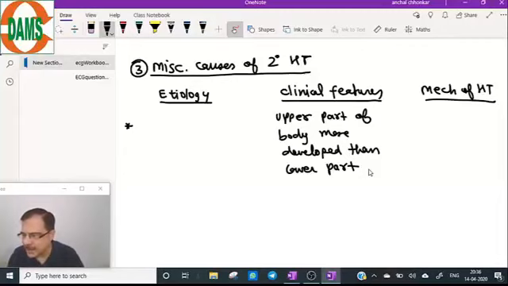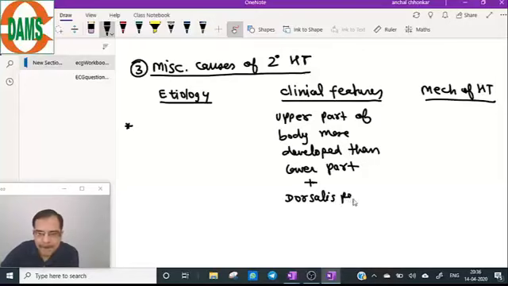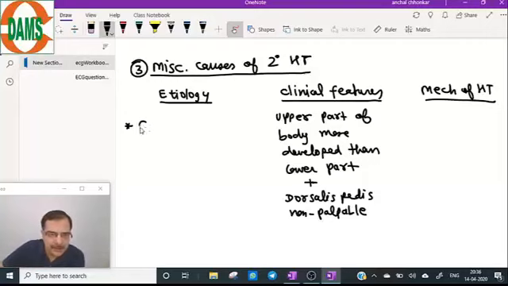The upper part of the body is more developed than the lower part, which means the upper part is receiving more blood supply than the lower part, and the dorsalis pedis artery is non-palpable. So the etiology here will be coarctation of the aorta.